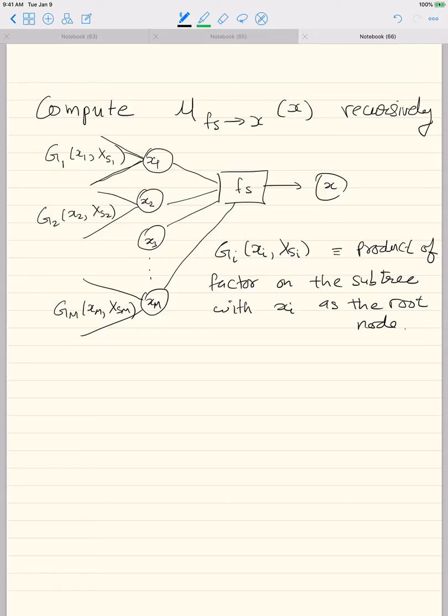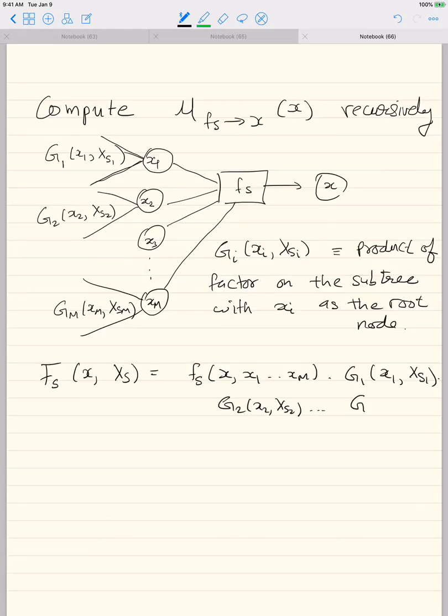So let's look at this quantity fs of x and xs. This will consist of the factor associated with fs, which involves x, x1 up to xm, times the product of the descendants, times g1 of x1, xs1, g2 of x2, xs2, up to gm of xm, xsm.